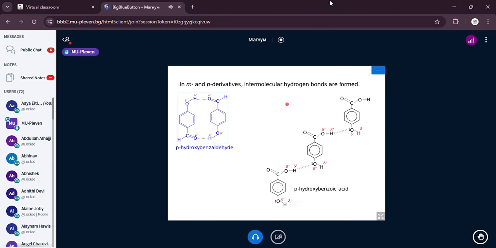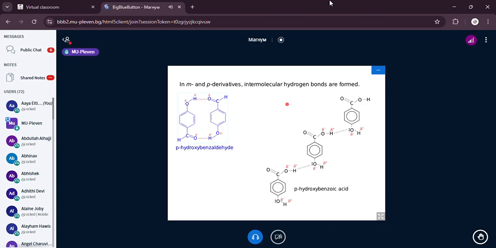What happens when we have meta or para derivatives? In meta and para derivatives, functional groups are not close to each other, they are far from each other.